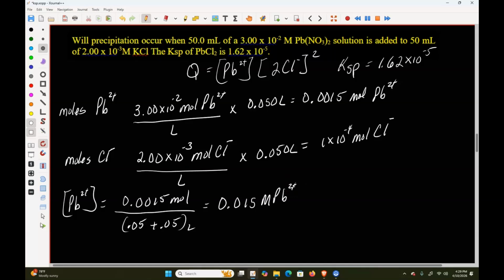Same thing with the chloride. I have 1 times 10 to the negative 4 moles chloride divided by 100 milliliters. So that's going to give me 0.001 molar chloride.